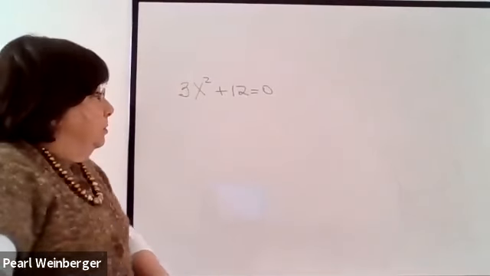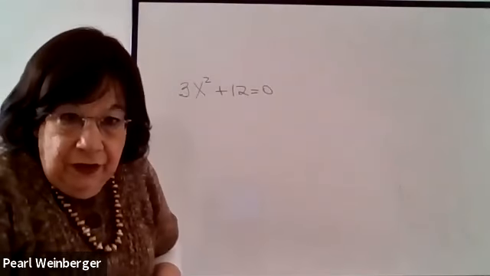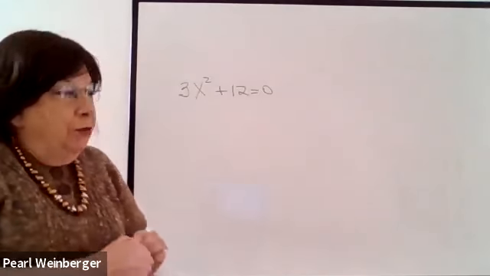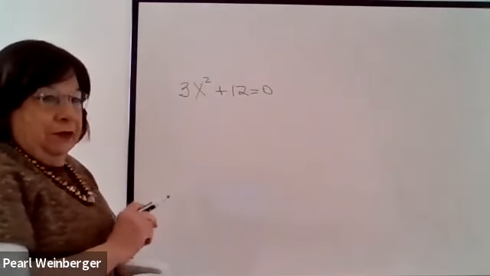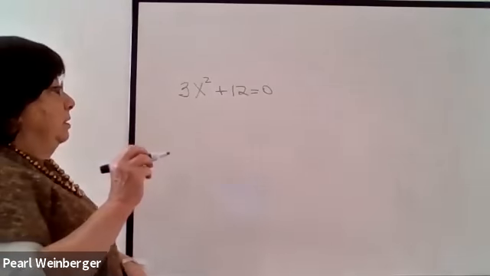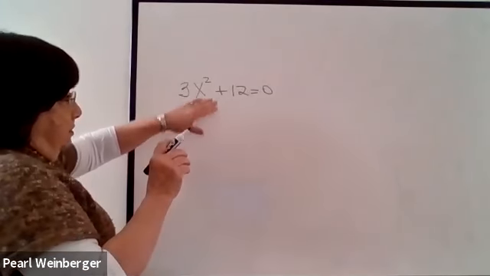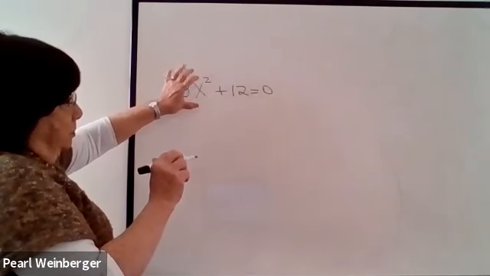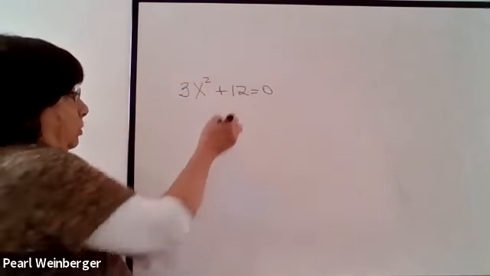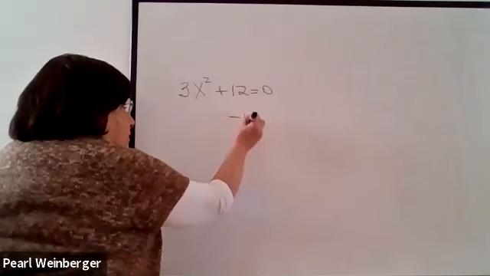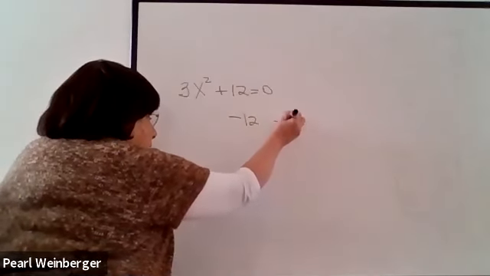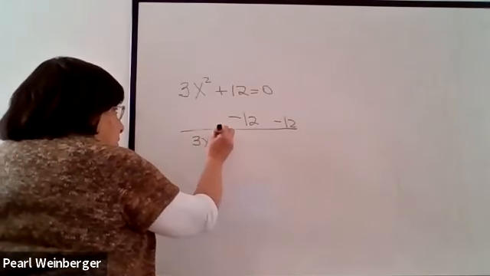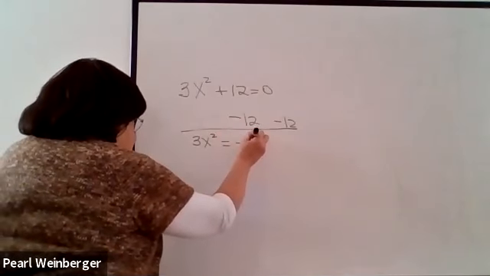All right, so let's go with this problem and see if we can solve it. Our Diablo already posted something, looks good to me, let's do it. So since it's, again, this incomplete quadratic equation, we're going to solve for x squared. Let's bring the 12 to the other side, which gives us 3x squared equals negative 12.